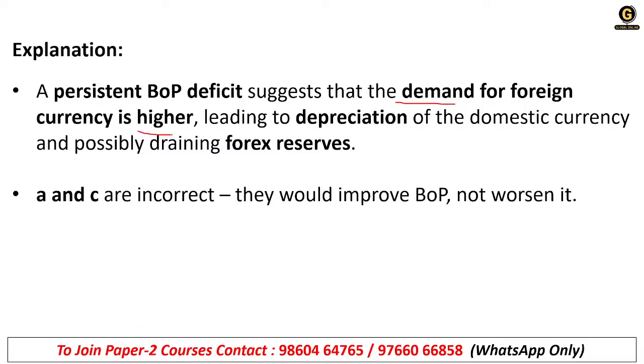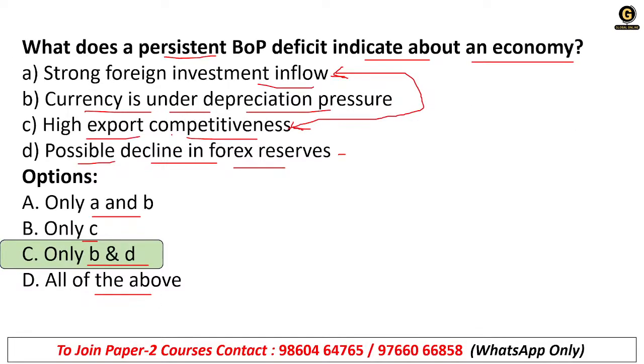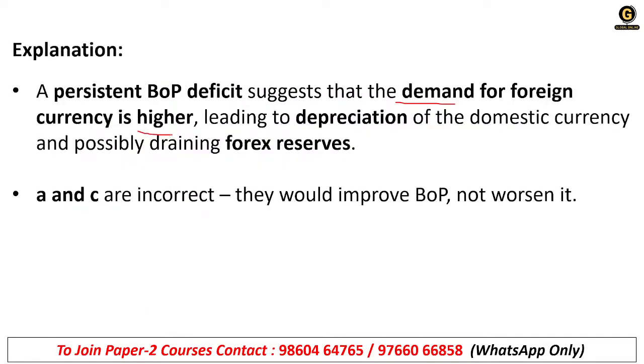They would improve the BOP, not worsen it. Strong foreign investment inflow is not a deficit, it is a positive sign. High export competitiveness is also a positive sign, which does not indicate a BOP deficit. Clear? When a persistent BOP deficit is there, it suggests a continuous excess of imports.